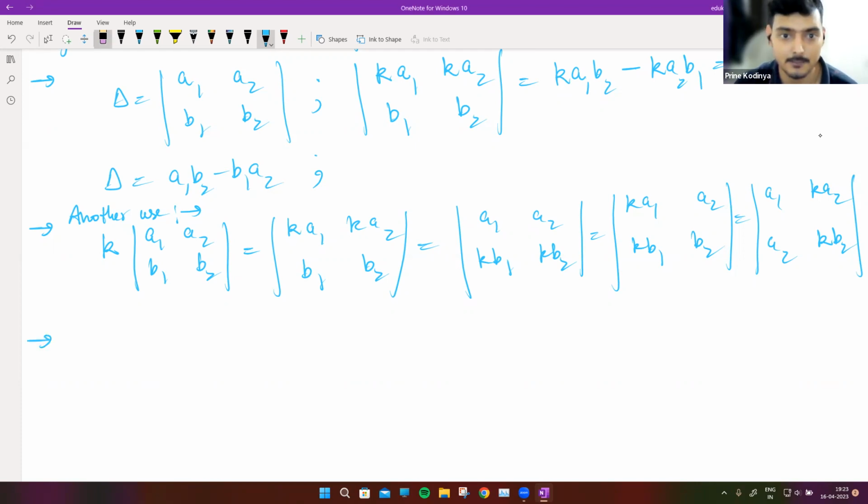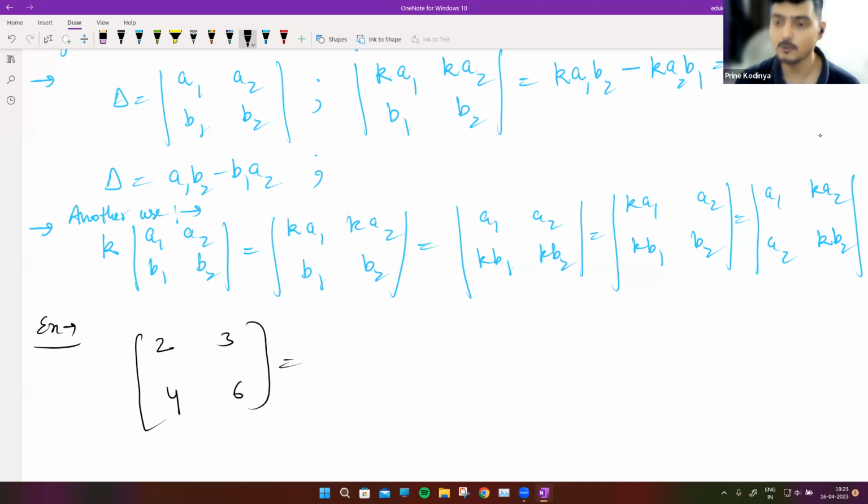I'm trying to take an example here. In case of a matrix, let's say this is 2, this is 3, this is 4, and this is 6. And I want to take 2 common from the matrix.